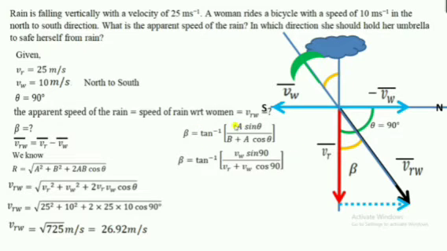Now we have to find beta, and this is the formula to find the direction of the resultant vector. Out here A is the vector which is opposite to the angle, and out here the vector opposite to the angle is VW. So we have shifted VW out here, and out here we'll write V rain.